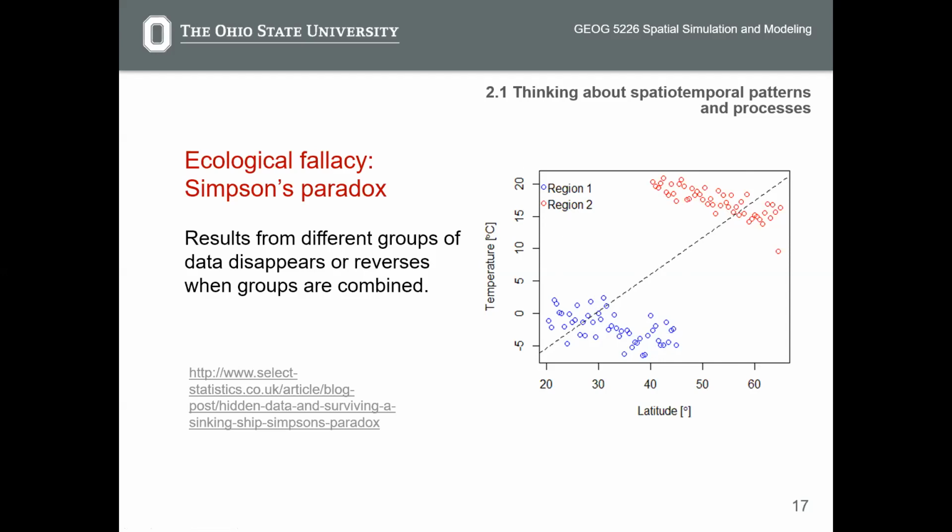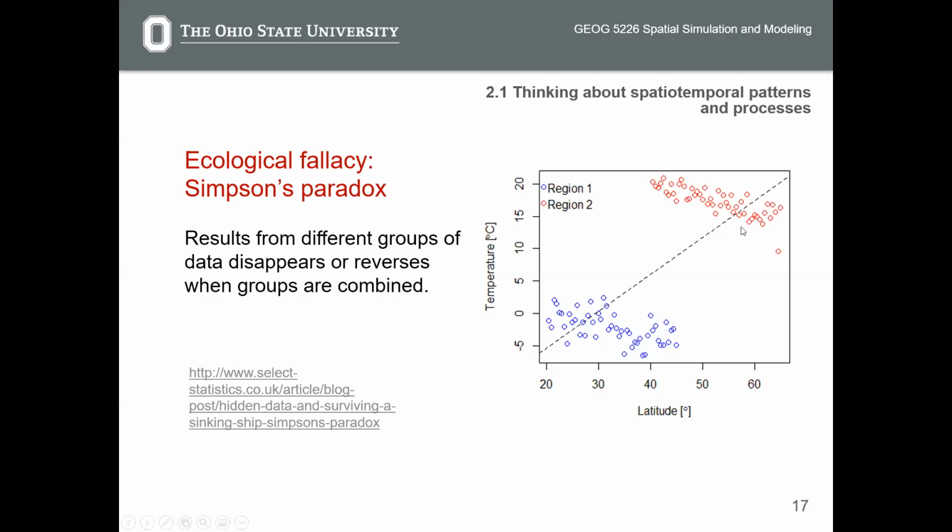So when we're talking about region 1 and 2 separately, this correlation between latitude and temperature is negative. Now it's positive. This is a very good example of Simpson's paradox. Results from different groups of data disappear or even reverse when groups are combined. For group 1 and group 2, for either of them, the correlation was negative.